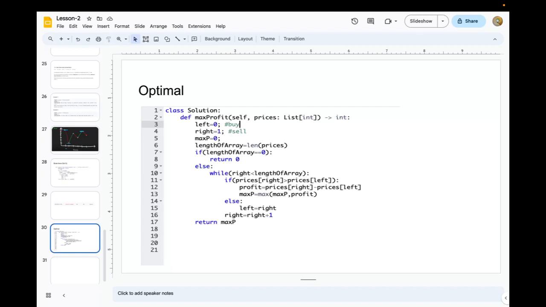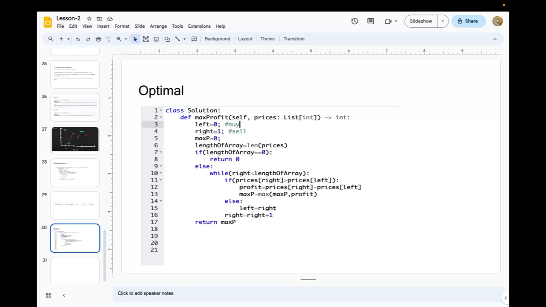If the price at the right pointer is greater than the price at the left pointer, you calculate the profit. If this profit is greater than the previous profit, you replace the previous profit inside max profit with this profit. If not, you switch the pointer from left to right and continue the cycle.